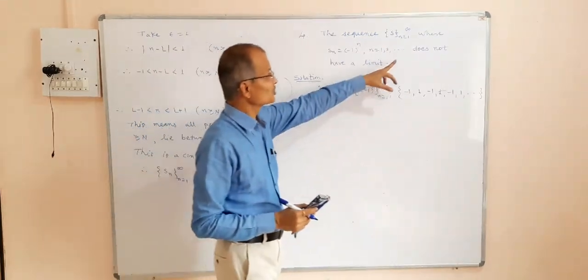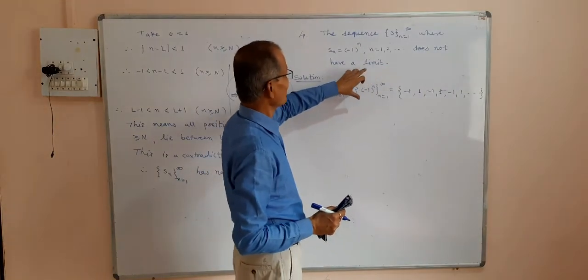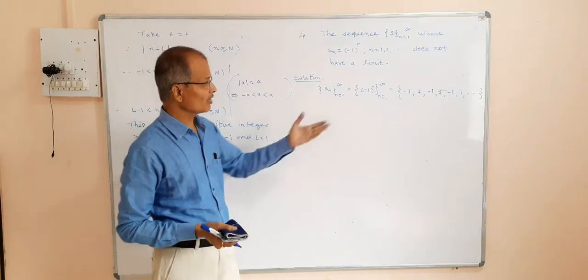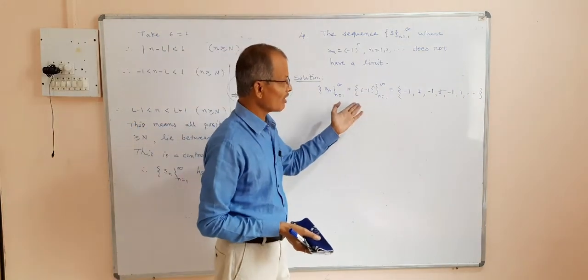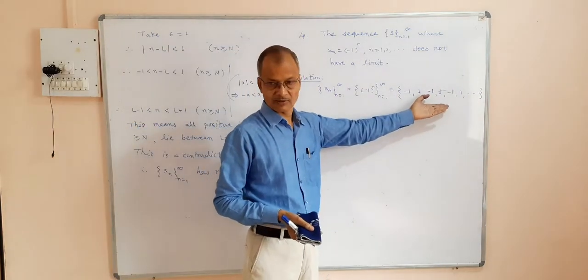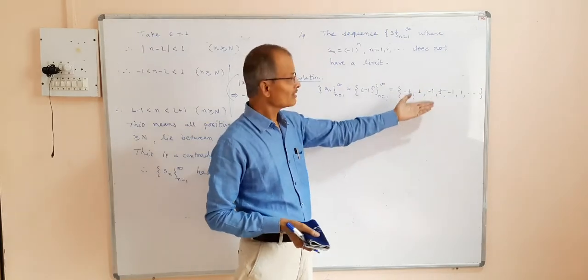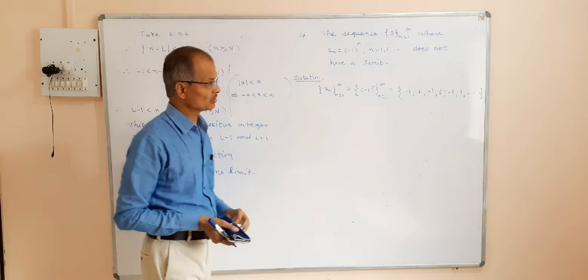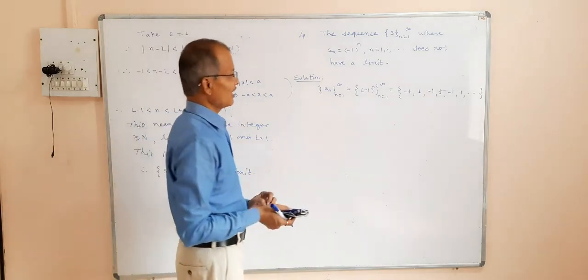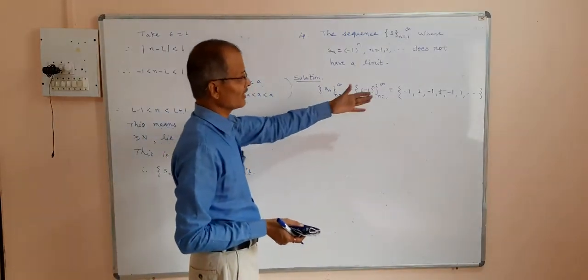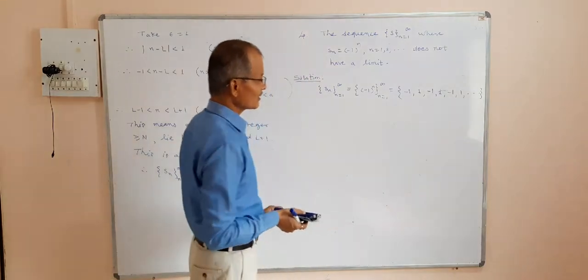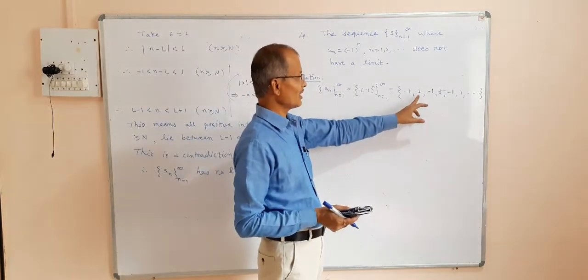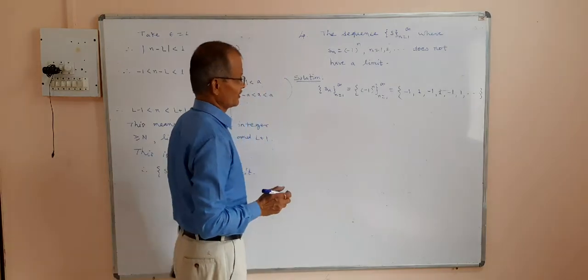We have to show this sequence does not have a limit. We can't say the limit is 1 because all the terms are not approaching 1. Similarly, we can't say the limit is minus 1 because all the terms are not approaching minus 1. The terms are oscillating finitely, not becoming bigger and bigger, but oscillating between minus 1 and 1, and this has no limit.